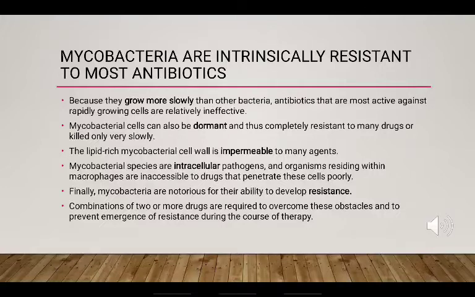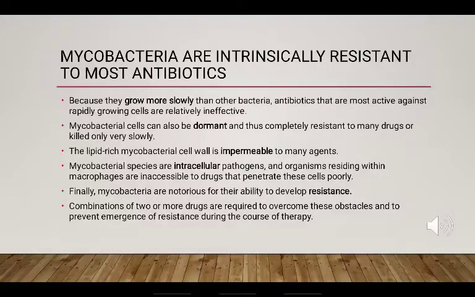Another reason for the fact that most antibiotics don't work on mycobacteria is that these cells, these bacteria are intracellular. So they reside inside the macrophages, inside the cells. وبالتالي again, the available antibiotics cannot penetrate these cells to attack these bacteria.